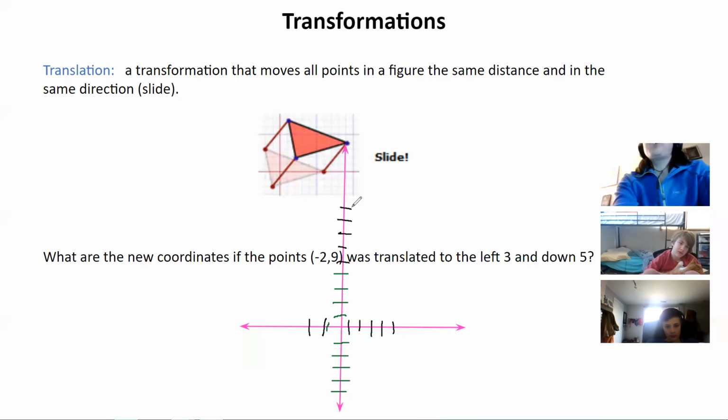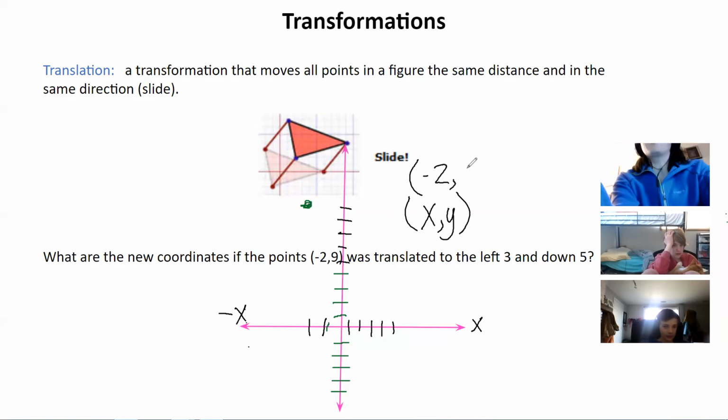Guys, remember with our plotting, we've got the horizontal x. Yeah, very good. This is the horizontal axis. It's x. Remember, this side is the negative x side. So if we got to go to -2, 9, yeah, you got it. Very good. Remember, all of these ordered pairs, this is called an ordered pair or a coordinate point.